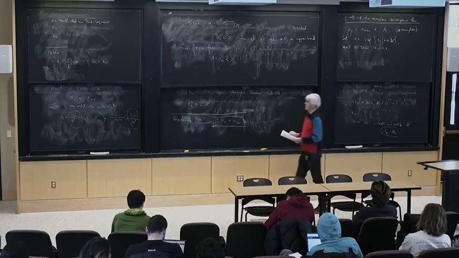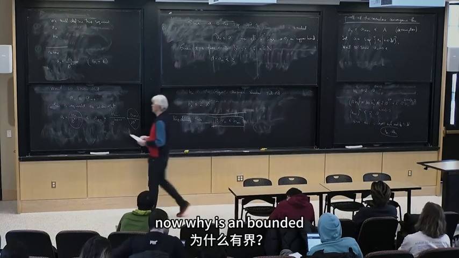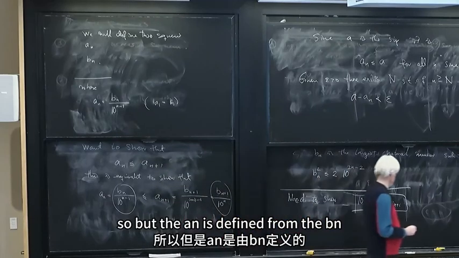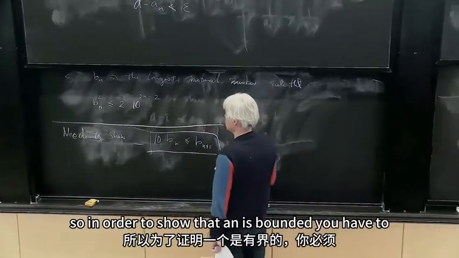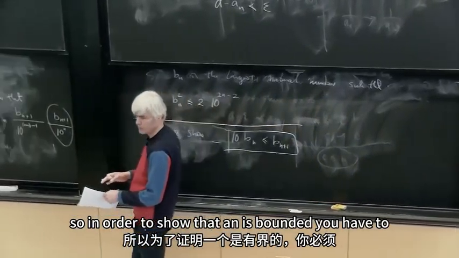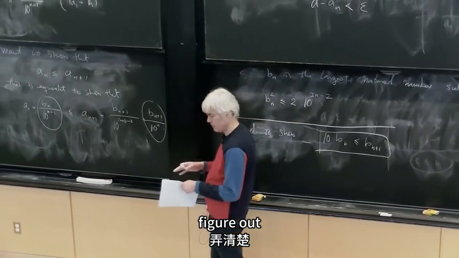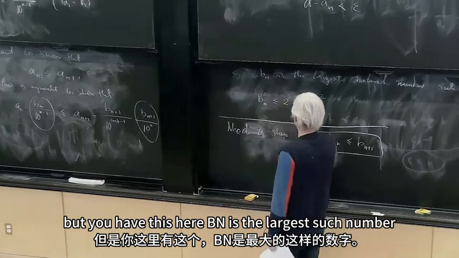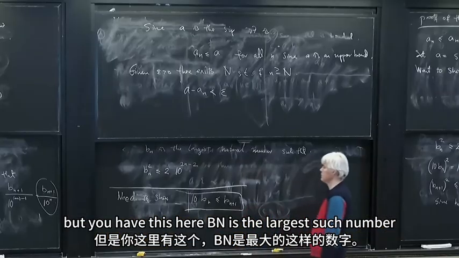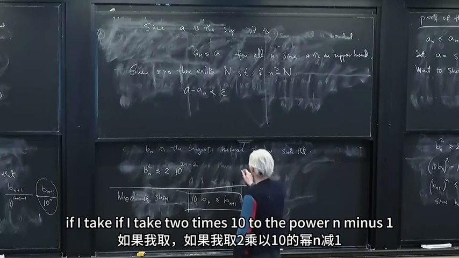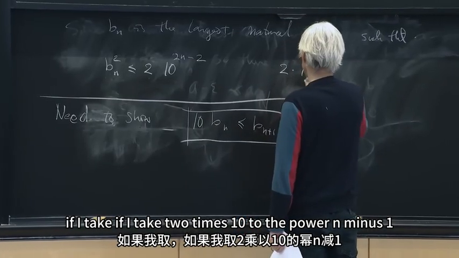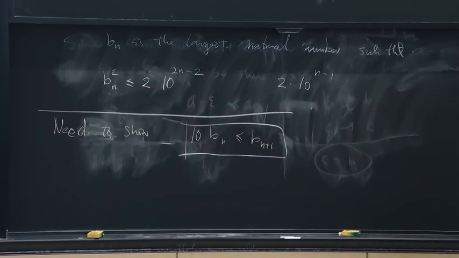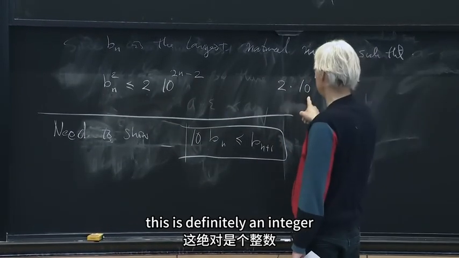Okay. Now, why is an bounded? The an is defined from the bn, so in order to show that an is bounded, you have to figure out what is a bound for the bn. But you have this here: Bn is the largest such number. If I take 2 times 10 to the power n minus 1, suppose I take this number here, and I square it, this is definitely an integer.